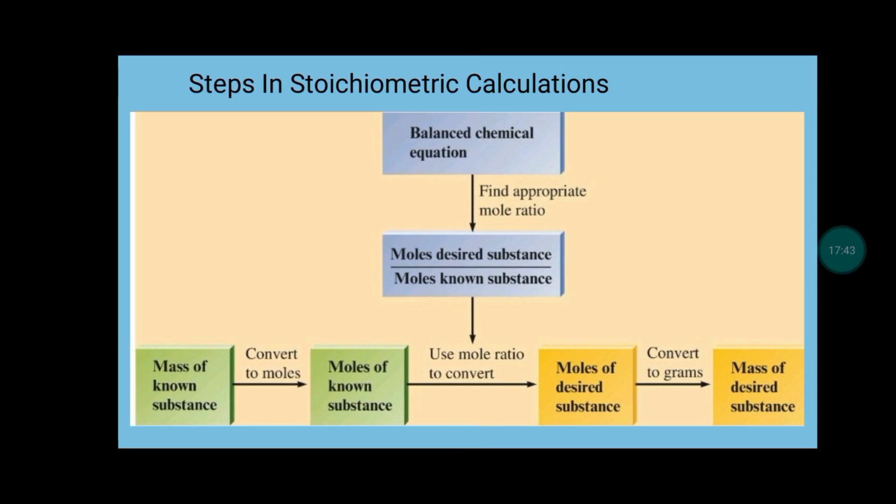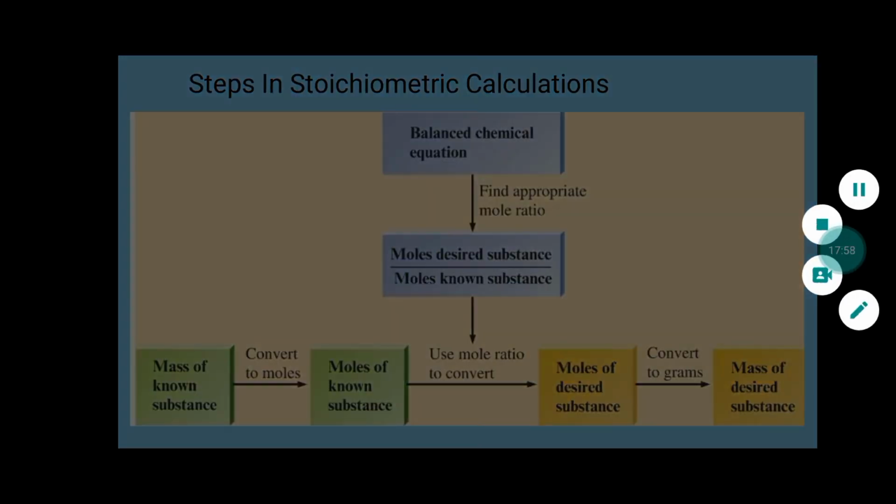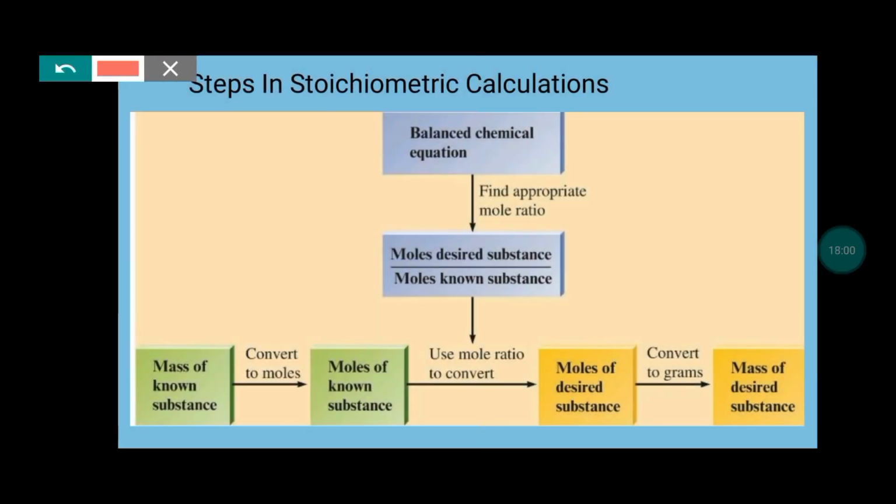And then, using these stoichiometric coefficients, we will find the appropriate mole ratio. So, moles of desired substance all over moles of known substance. Ito yung mga minumultiply natin dun sa given natin. And then, if ang ating given is in terms of mass, we will convert it to moles muna.